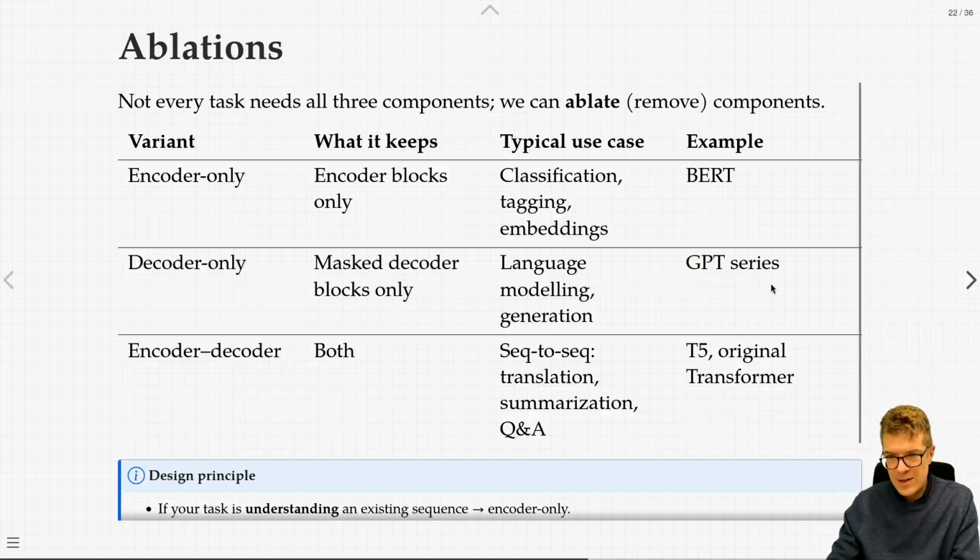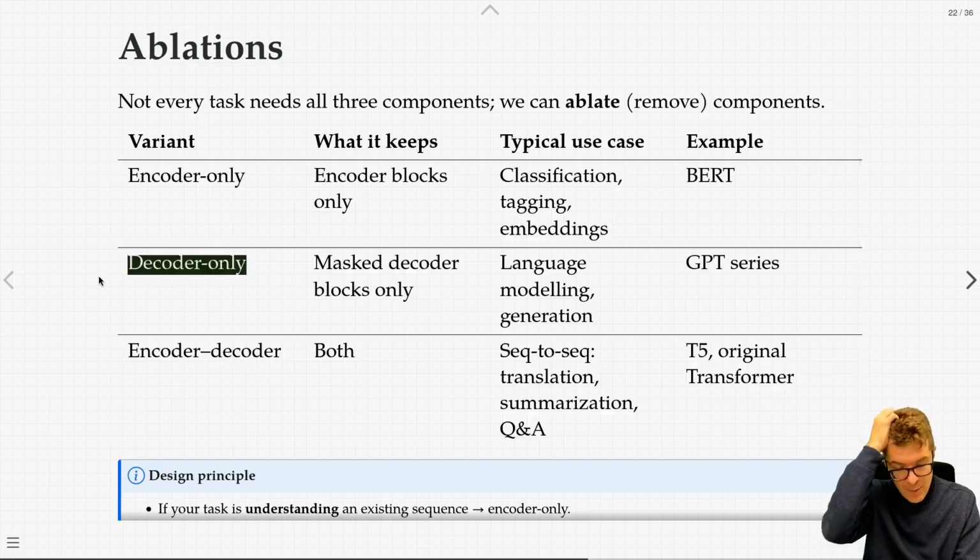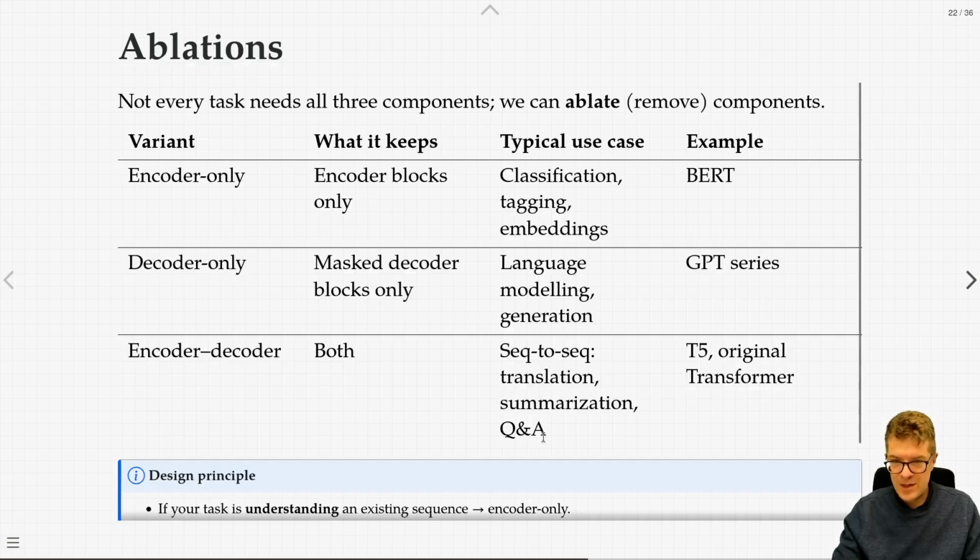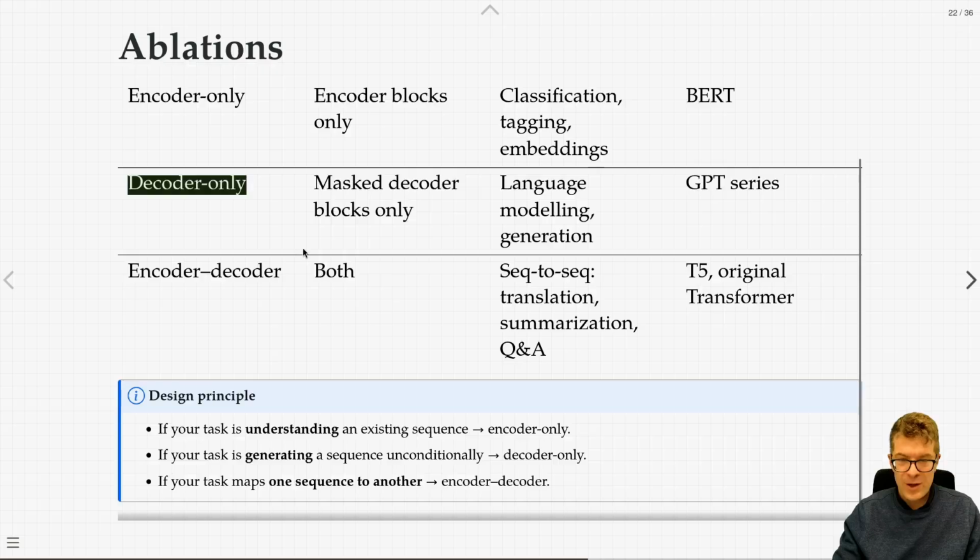The GPT series follows that approach. And then the encoder and decoder model is both of them together. This is useful for sequence-to-sequence modeling, translation, summarization, QA. As we've seen, a lot of these decoder-only models perform really, really well without having to do encoding first.